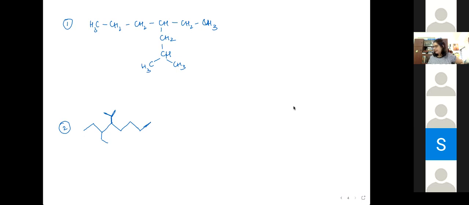Kaveri, like you identified correctly, but remember, lowest possible numbering, position numbers. Adit, check substituents for the second one. Sanad got the first one. Ritu, yes, now you got it. First is correct.